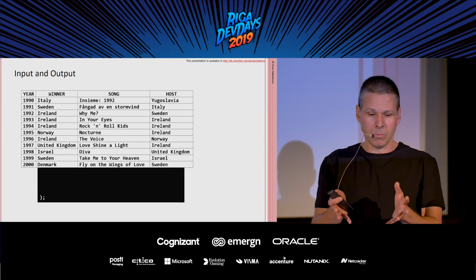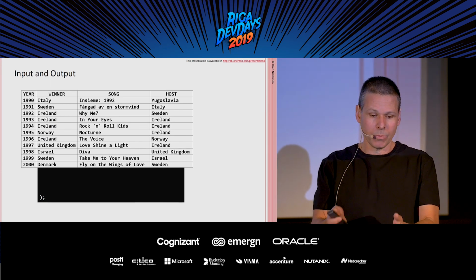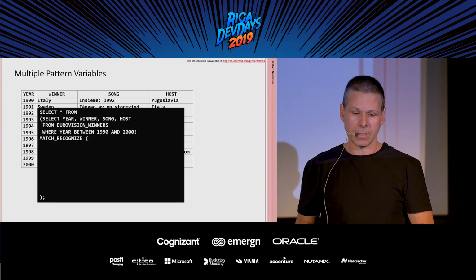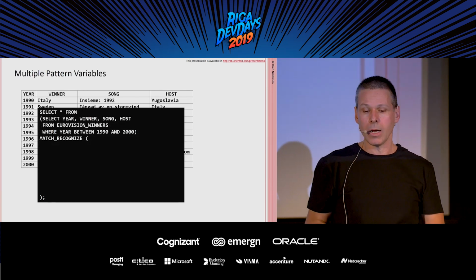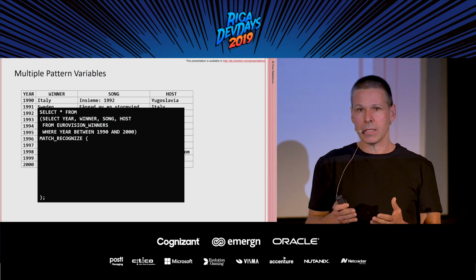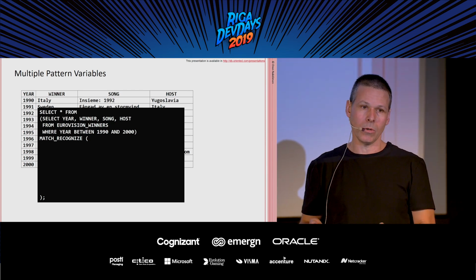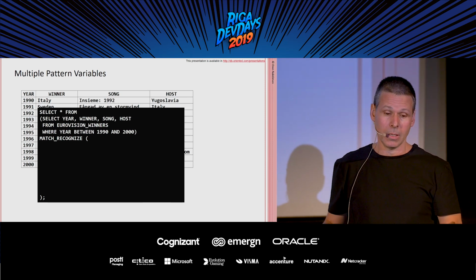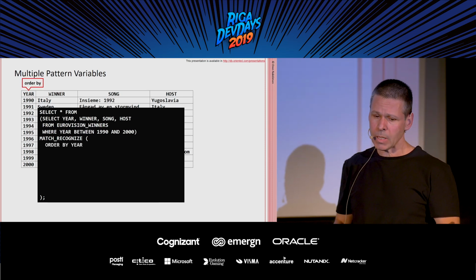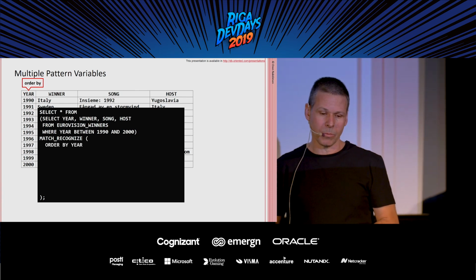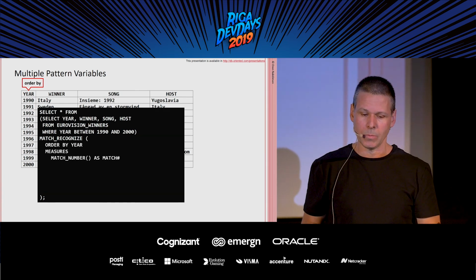So this is the actual input record set to the next example. Now, until now, we've seen only a single variable in every query. Obviously, we can define multiple pattern variables. So let's give an example, a silly example.